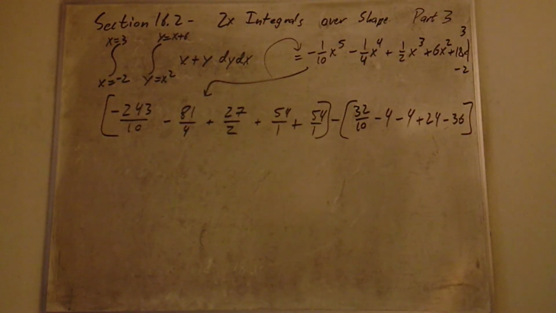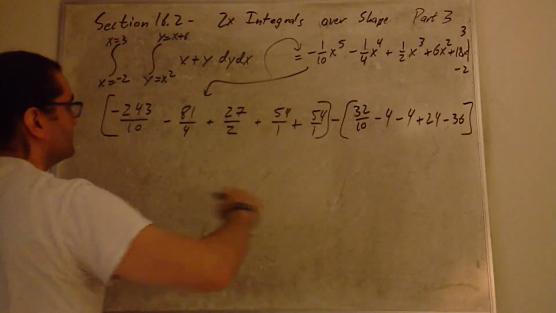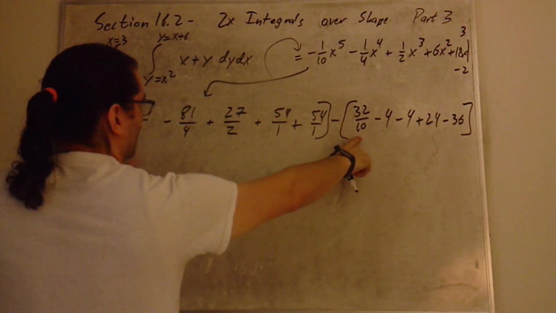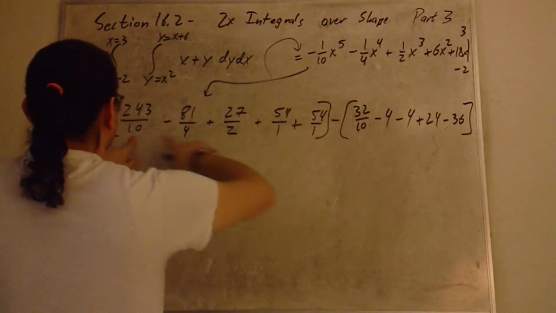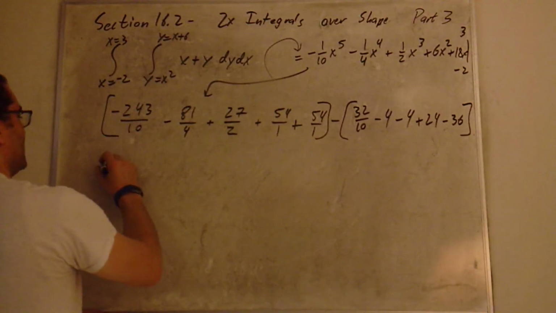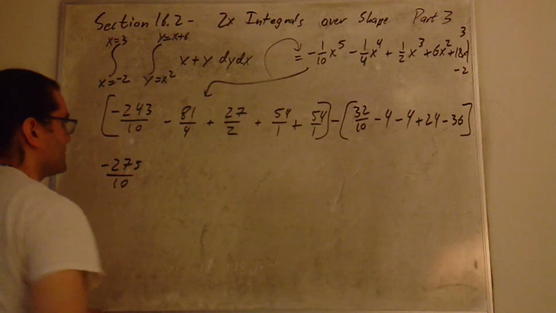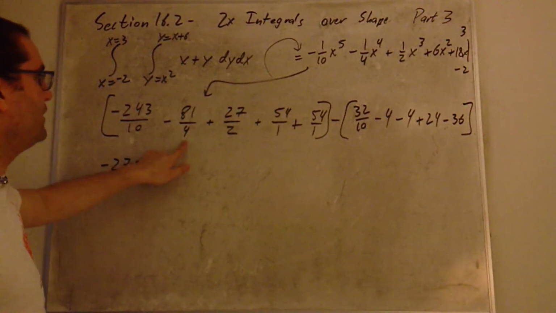I don't want to do a common denominator for this. But I will. Negative 243 tenths minus 32 tenths should give me negative 275 tenths. 81 fourths.